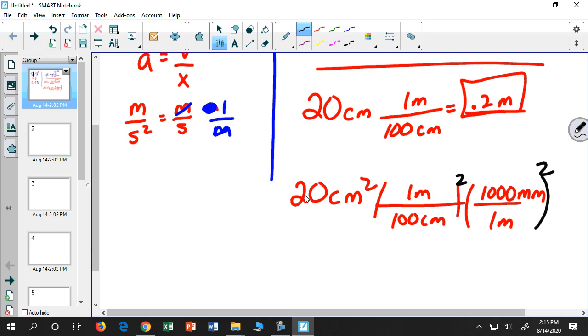And so I'd have 20 divided by 100 squared times 1,000 squared. And then that would be my answer, whatever that is. What's that? 10 to the 4th, 10 to the 6th, 2,000, I think. I don't know. Anyway, that would be my answer in square millimeters.